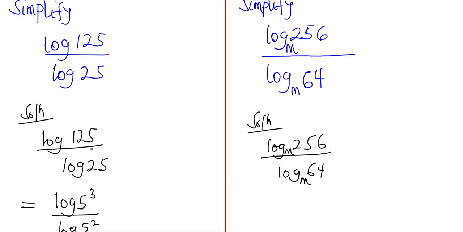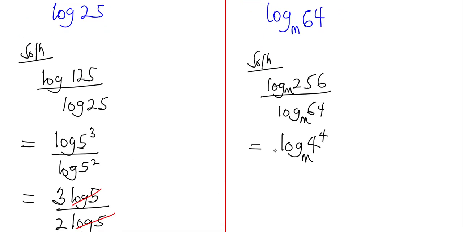Now like we said earlier, 256 can be expressed as 4 exponent 4, so that is logarithm of 4 exponent 4 base m. That is for 256 divided by the logarithm of 64, which can also be expressed as 4 exponent 3. So you have 4 exponent 3 here, base m.